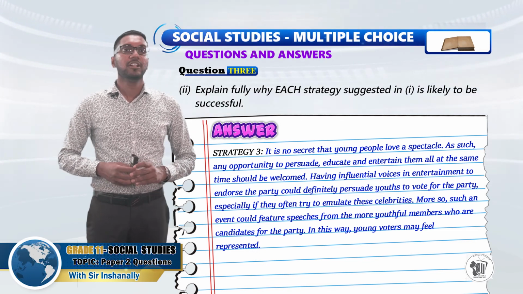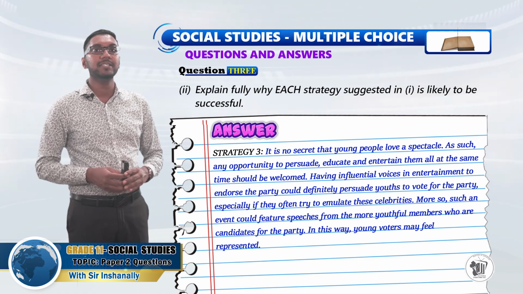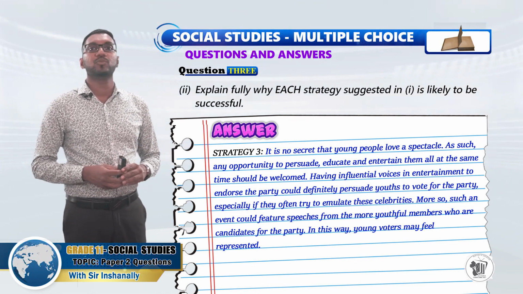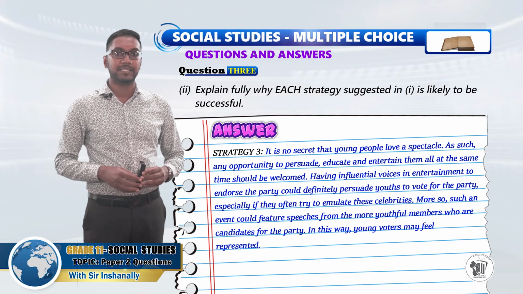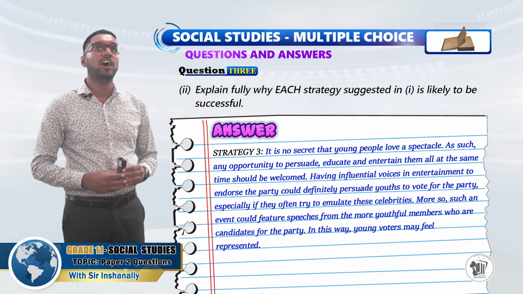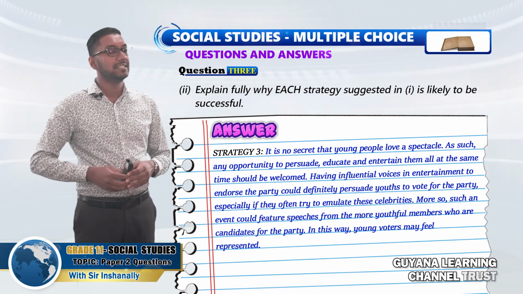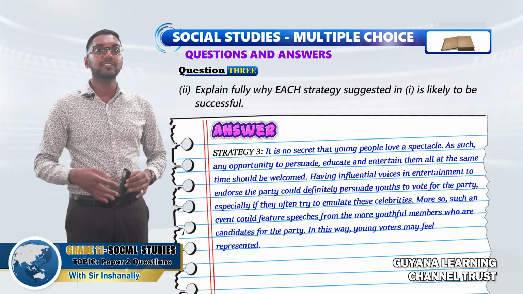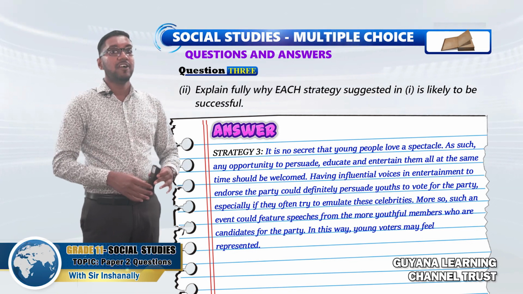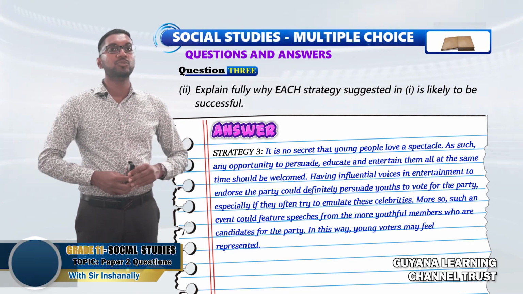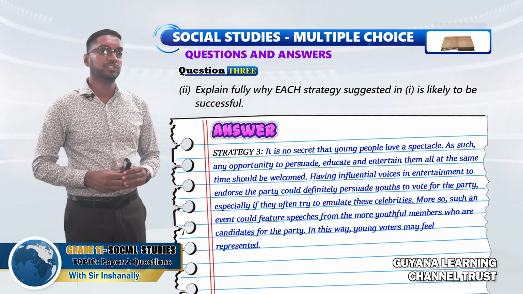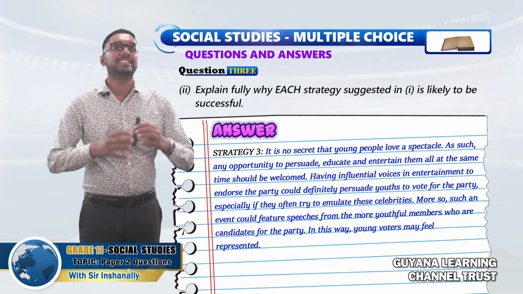Having influential voices in entertainment to endorse the party could definitely persuade youths to vote for the party, especially if they often try to emulate these celebrities. More so, such an event could feature speeches from the more youthful members who are candidates for the party. In this way, young voters may feel represented.